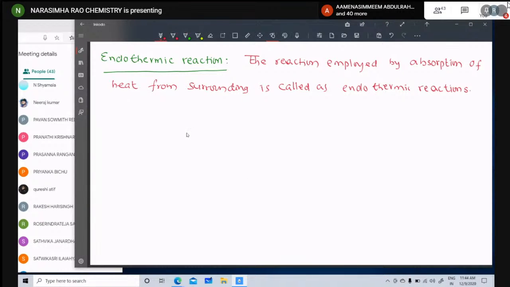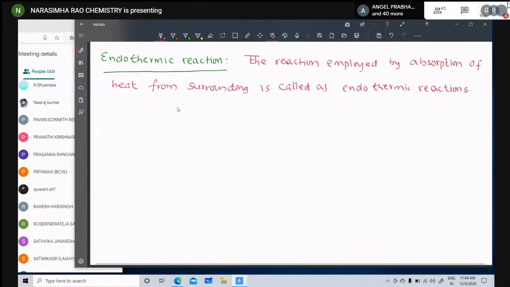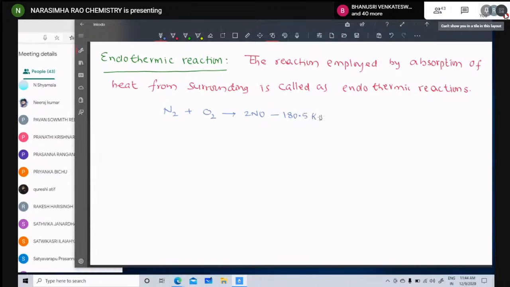Right. I am taking one more example for this. One example is N2 plus O2 gives rise to NO. And how much energy is absorbed? It is 180.5, the energy is minus 180.5 kilojoules.